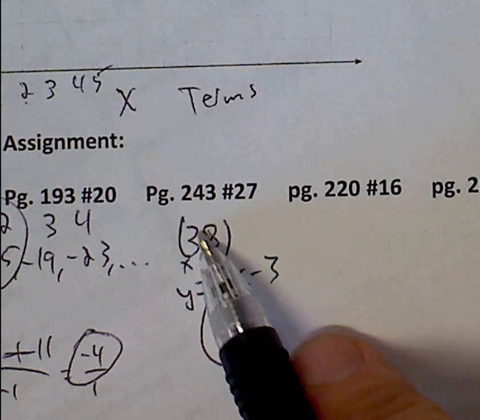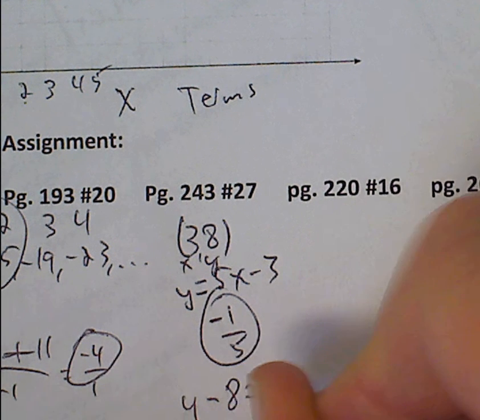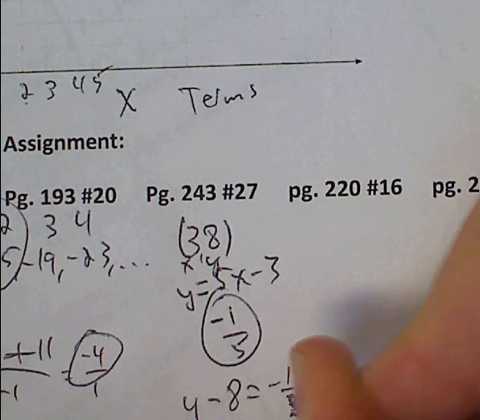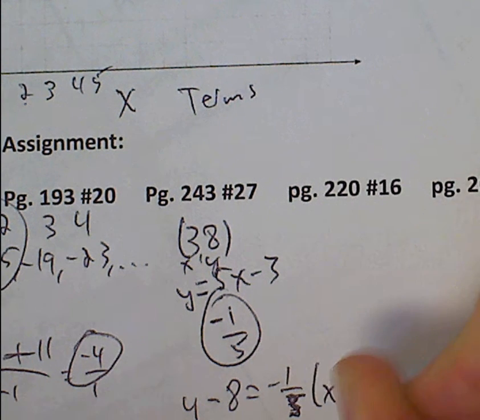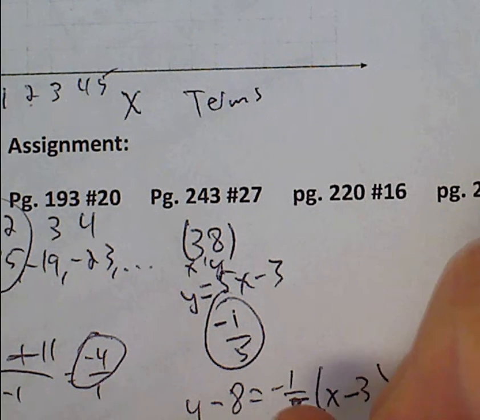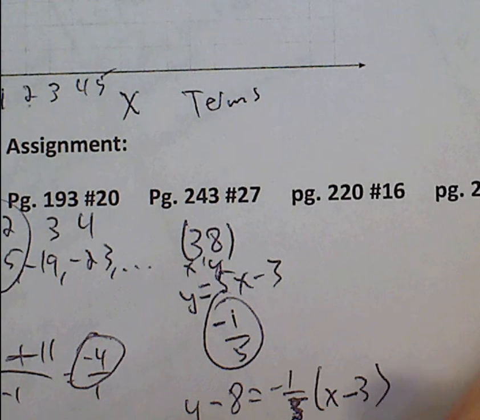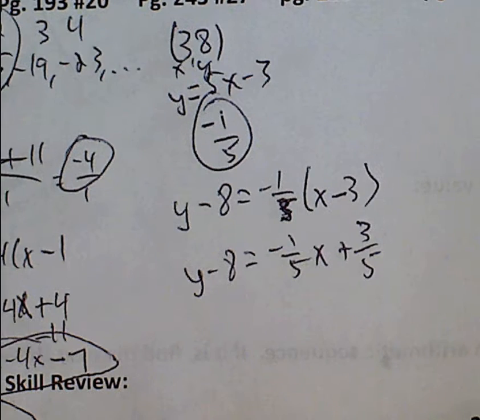So there's my point slope. So y minus 8 equals negative 1/5 times x minus 3. Y minus 8 equals negative 1 over 5x. Negative times negative is a positive, 3 over 5.